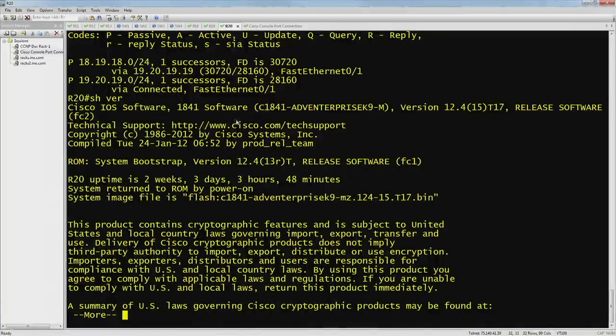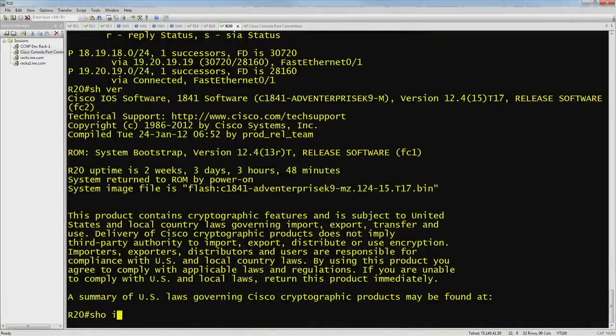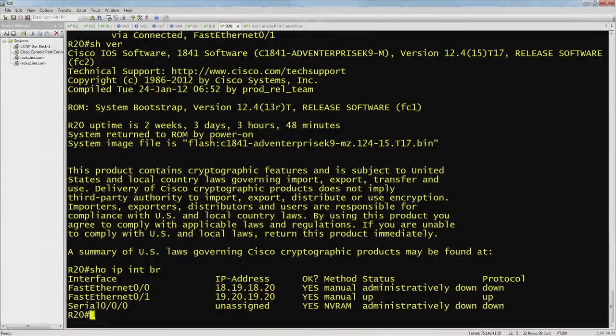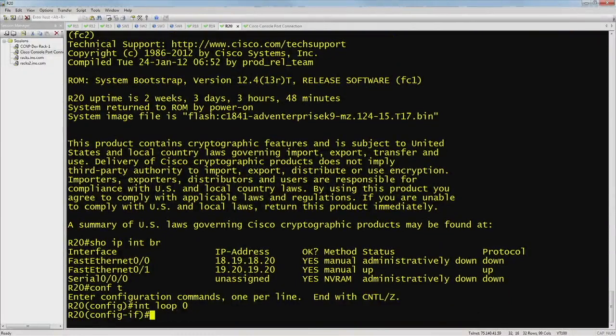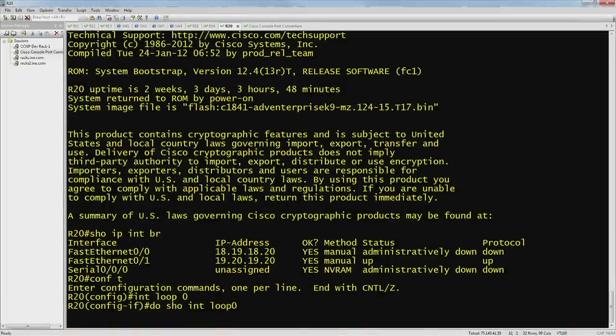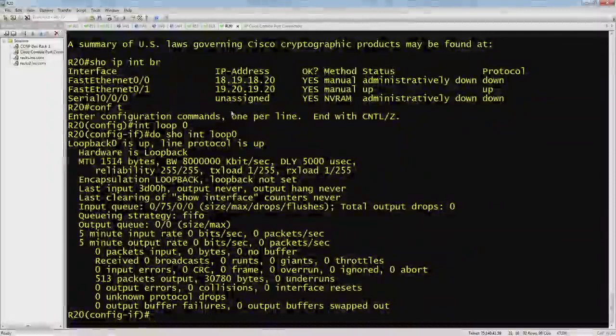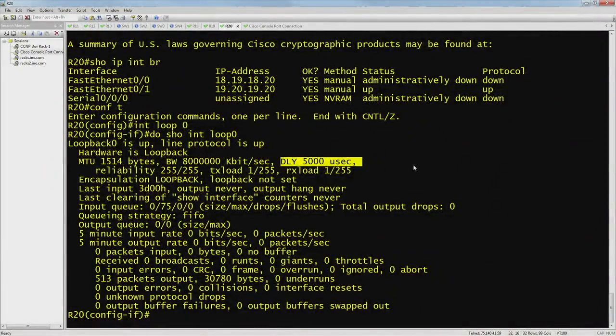So let's go to R20. Interface loopback 0. First of all, do show interface loop 0. The reason I'm doing this is because I want to see what delay value it comes up with for a loopback. And the delay is 5,000 microseconds.